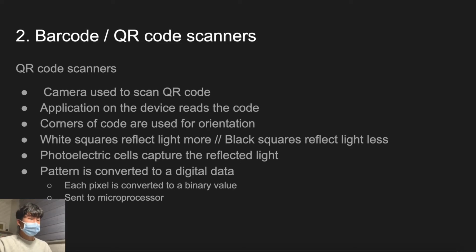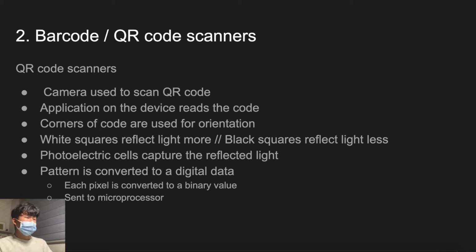White squares reflect light more and black squares reflect light less. Again, photoelectric cells capture the reflected light, and the pattern, or the difference in the reflected light, is then converted to digital data. Interestingly, each pixel is converted to a binary value when the image is captured, and this is in digital format, and this is how it is sent to the microprocessor.